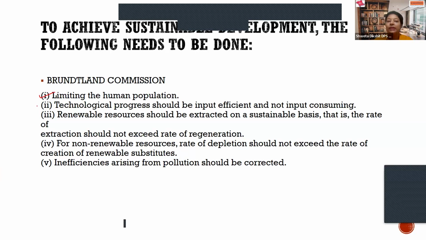Second, we should make technological progress which is input efficient, not input consuming. That means if you're thinking of designing and innovating a vehicle, it should be efficient in its mileage, consuming less and providing more output. We now need to develop technology which supports this idea of sustainability.